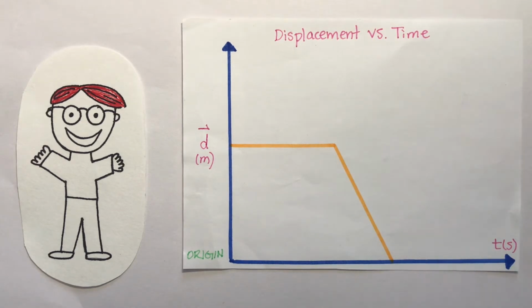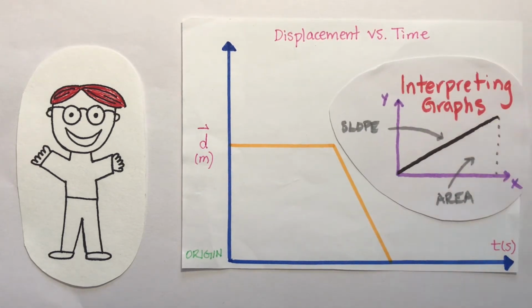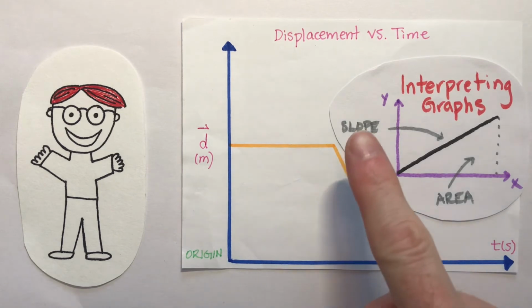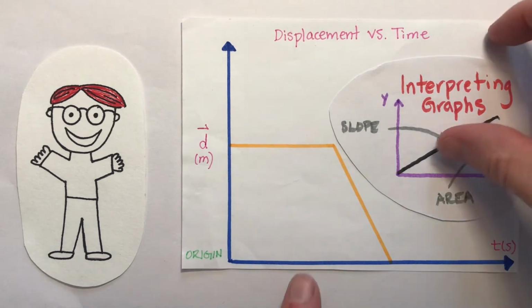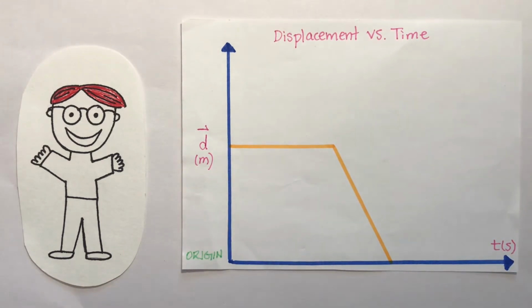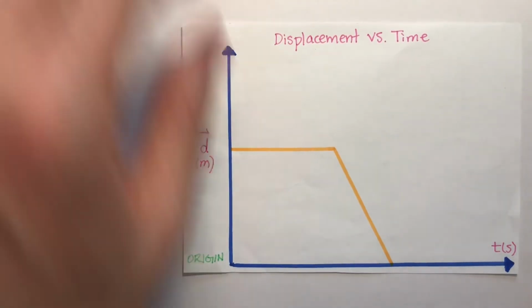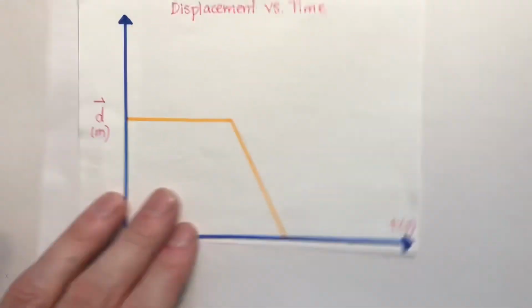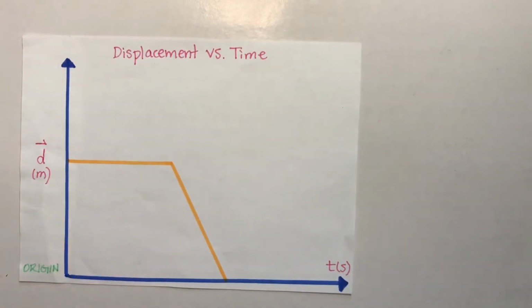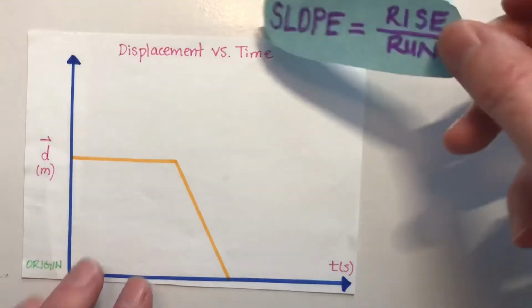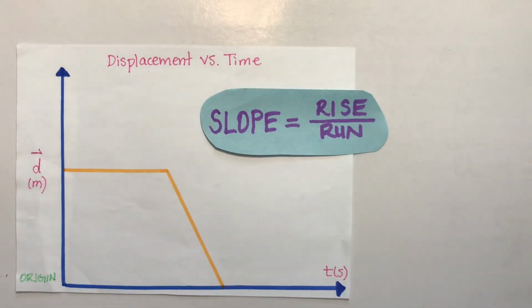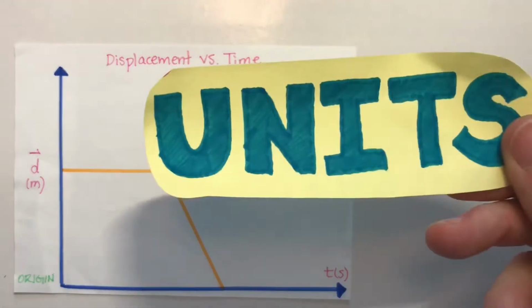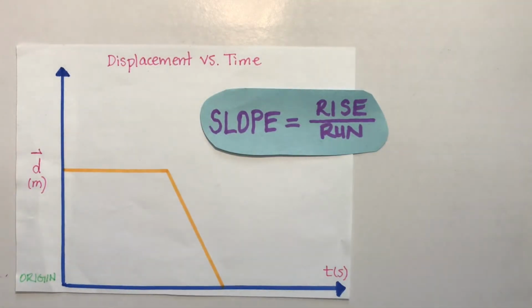Now, in a previous video I mentioned how important it is to interpret graphs appropriately. Slope and area are going to give us a lot of information. Rather than overcomplicating things, let's take a look at what the slope and the area of a displacement time graph are going to provide us. Starting with a slope, which is calculated as rise over run, let's carefully consider just the units and what they're going to give us.